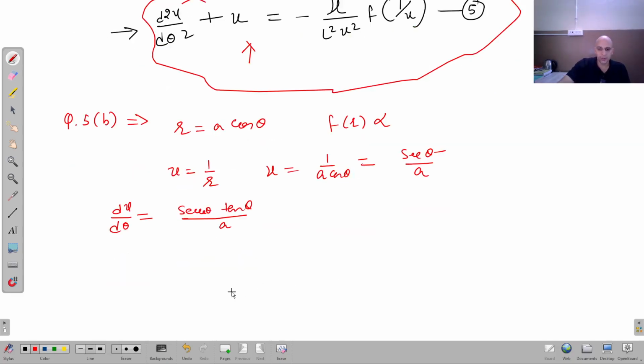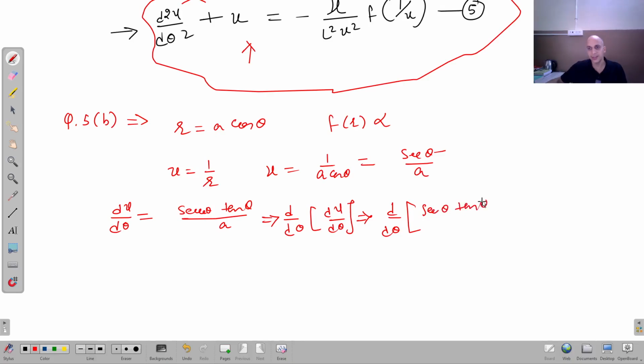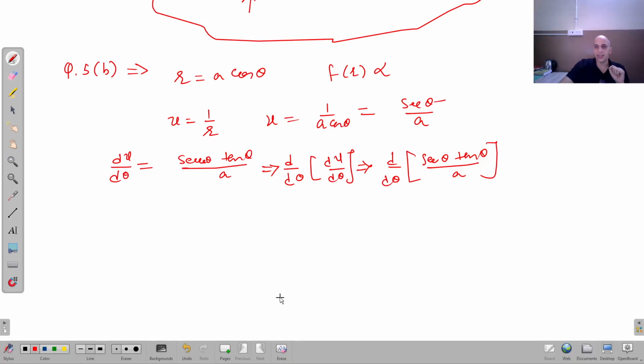Now what is d square u upon d theta square? d square u upon d theta square means d upon d theta of du upon d theta, and that means d upon d theta of secant theta tan theta upon a, right? So we have to simplify this differentiation. I can simplify it by using the product rule of differentiation.